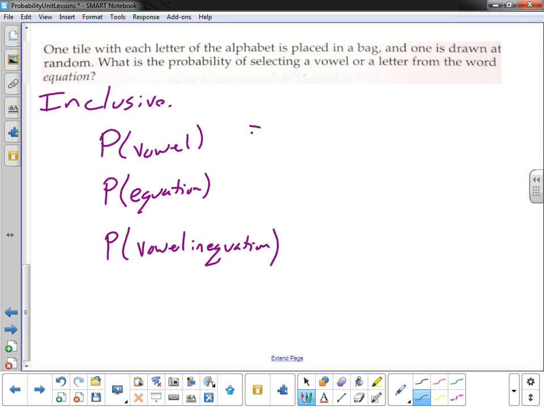The first question is, in a set of alphabet tiles, how many vowels are there? Well, if we go with the traditional A, E, I, O, and U, that says there are 5 out of the 26 letters in the bag that are a vowel. When I look at the word equation, I have 8 out of the 26 letters.